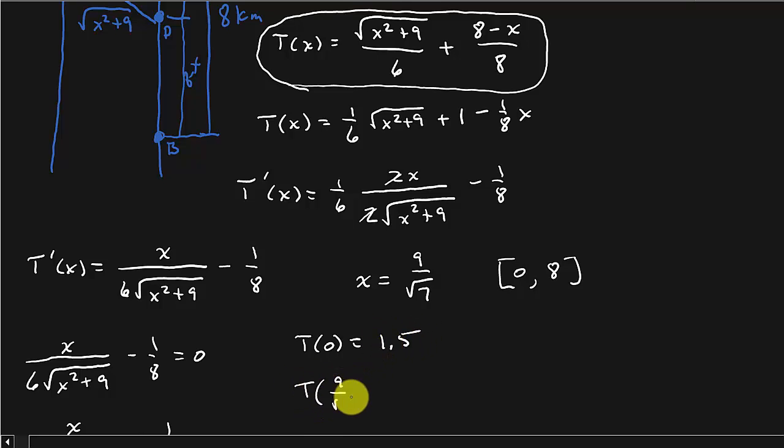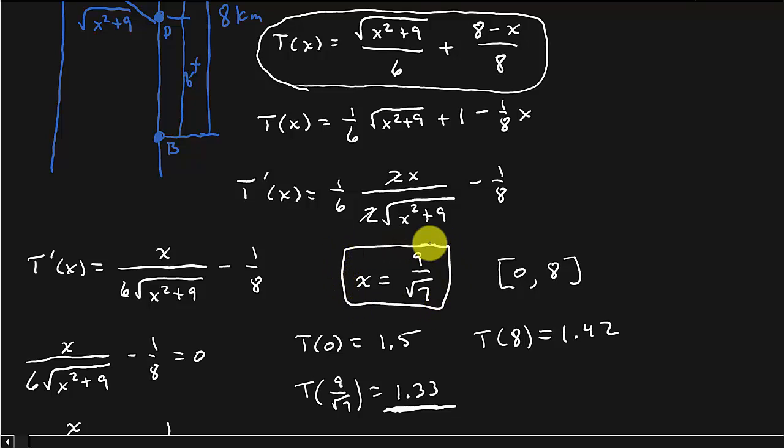T of 9 over square root of 7 is 1.33. And t of 8 is equal to 1.42. And you can see of the three that we evaluated, that's our smallest. So that means x is equal to 9 over square root of 7. And that's your answer.